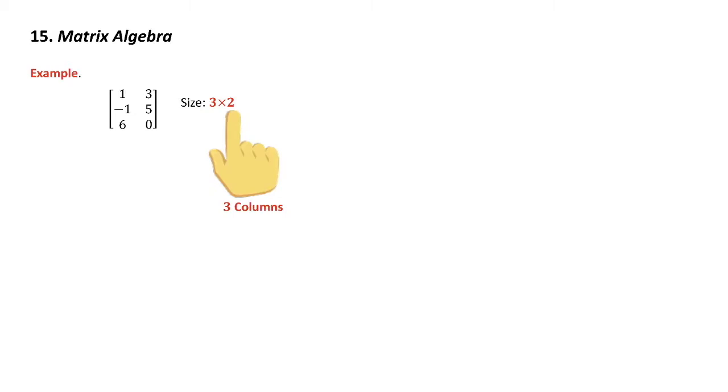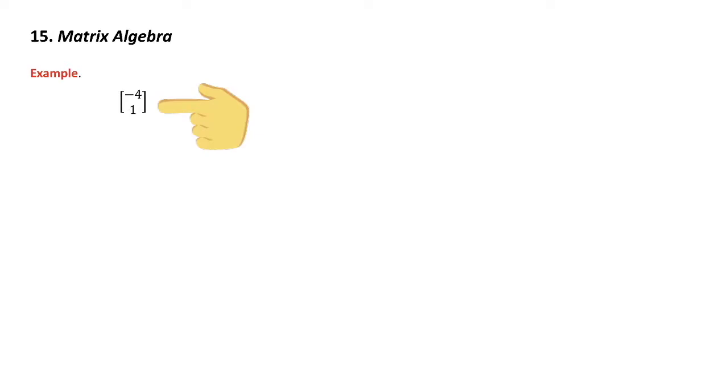Now here's a special case, these are special matrices. Notice this is 2 rows and 1 column, rows by columns. This is called a column vector, and these are going to be necessary for doing multiplication.